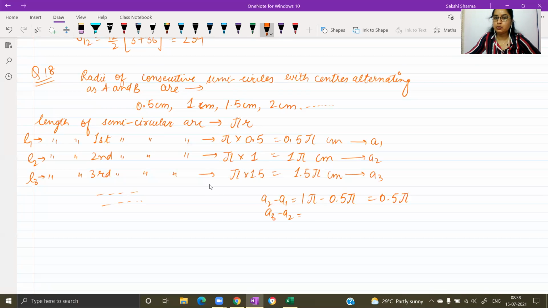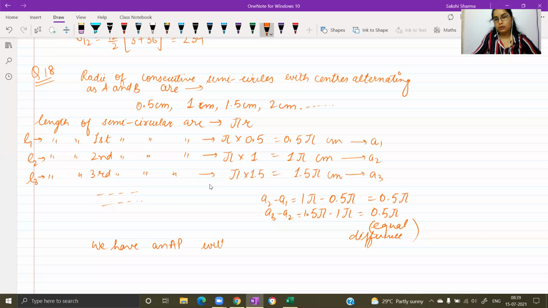A3 minus A2, again 0.5 pi. So the differences are equal. We have an AP with A equals 0.5 pi and the common difference as 0.5 pi.